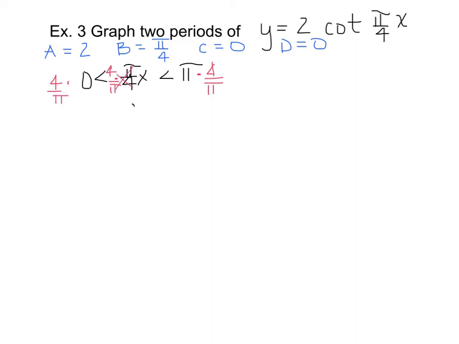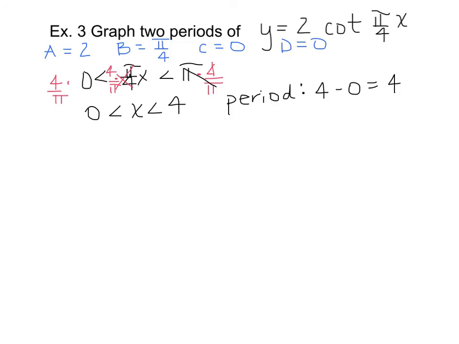Well, that leaves us with x in the middle. On the left side, we still have 0. On the right side, the pi's cancel, and we have 4. So your period would be the difference between 4 minus 0, which equals 4.